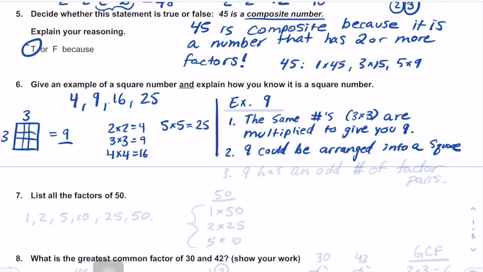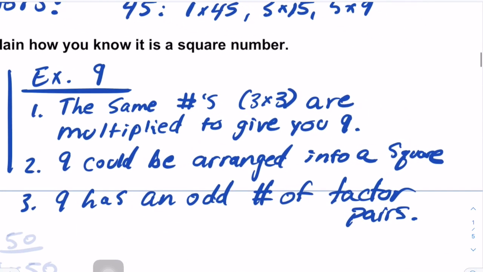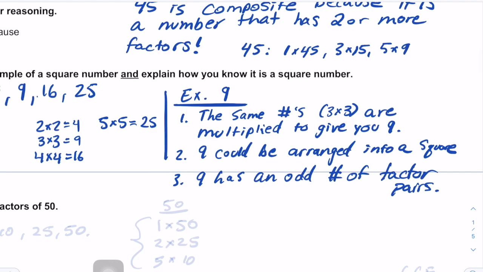And a third answer could just be 9 has an odd number of factor pairs. All of these explanations count as a correct answer for explaining why the number 9 or the number 16 or 25 is squared.